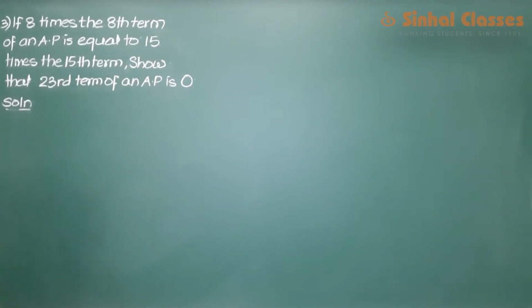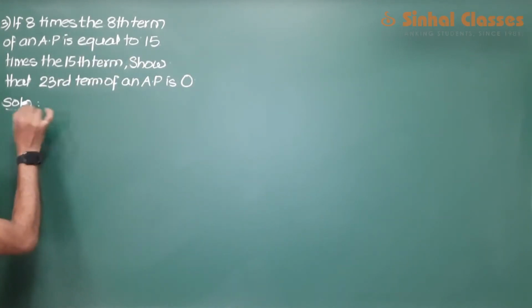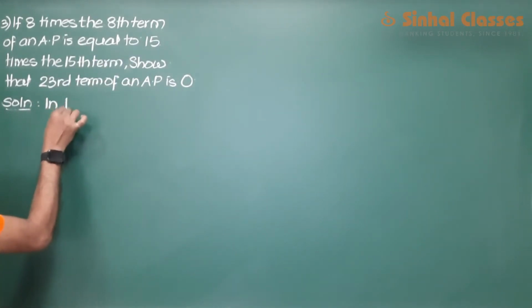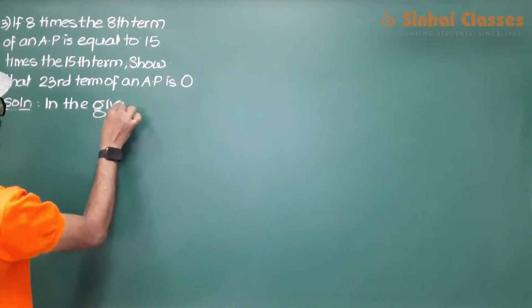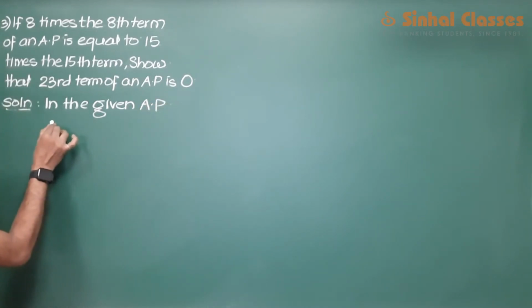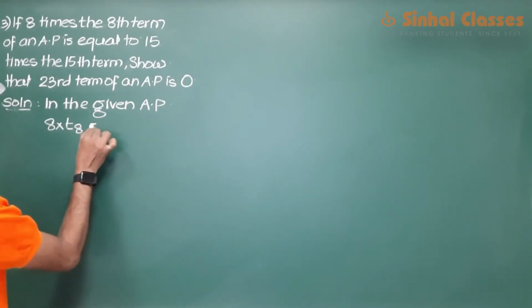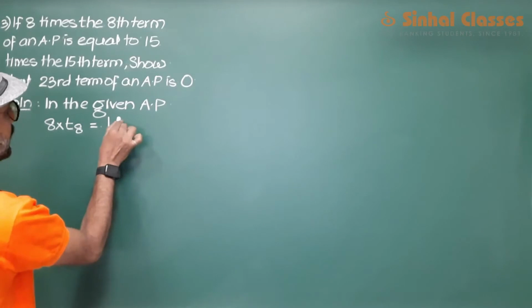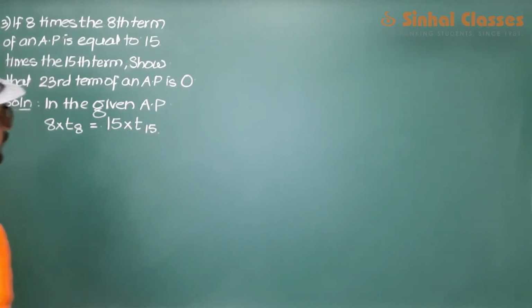It is given that if 8 times the 8th term of an AP is equal to 15 times the 15th term. So in the given AP, 8 times the 8th term is equal to 15 times the 15th term.